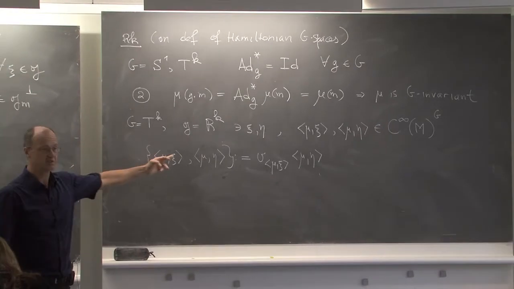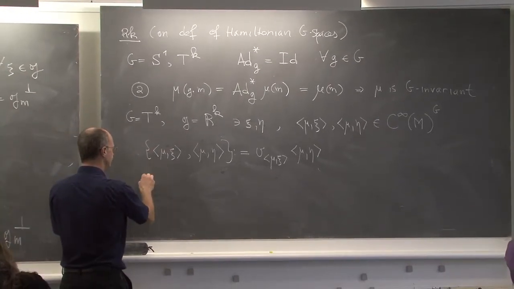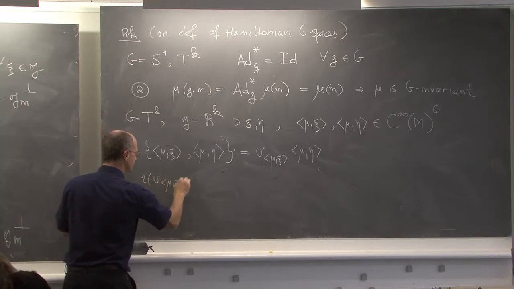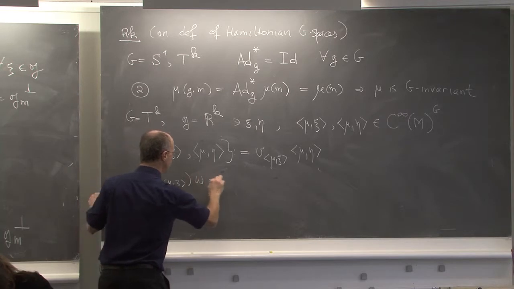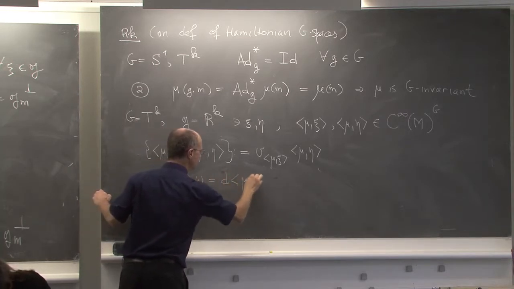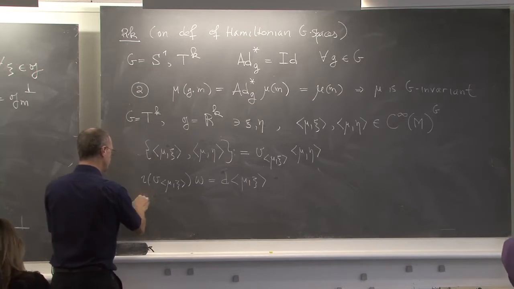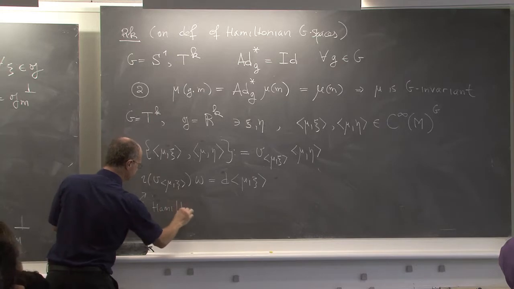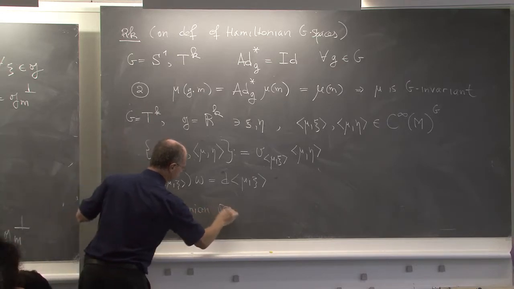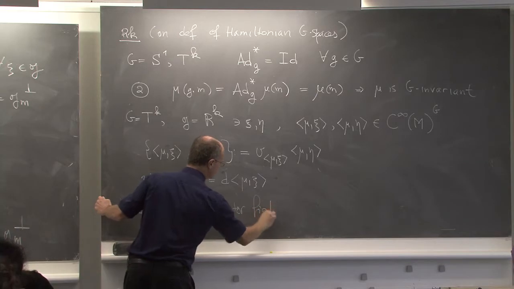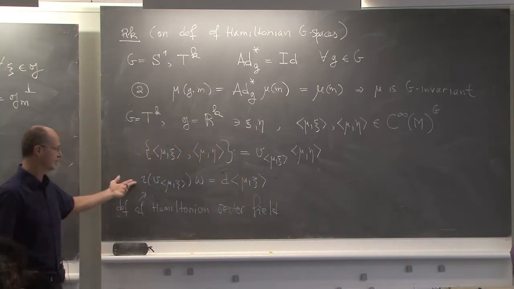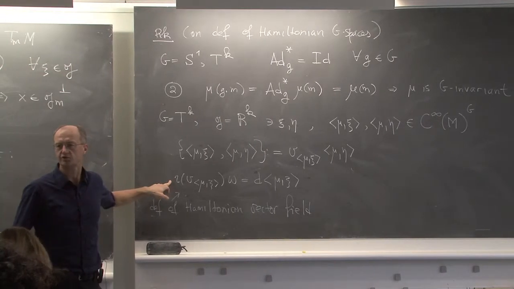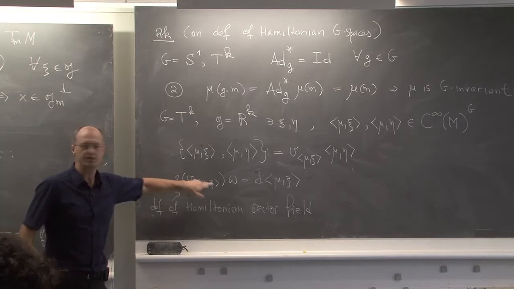Now the definition of the Hamiltonian vector field is as follows. iota of v_{mu^xi} omega should be equal to d mu^xi. So that's the definition of the Hamiltonian vector field.